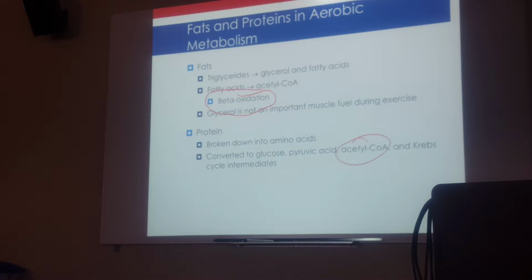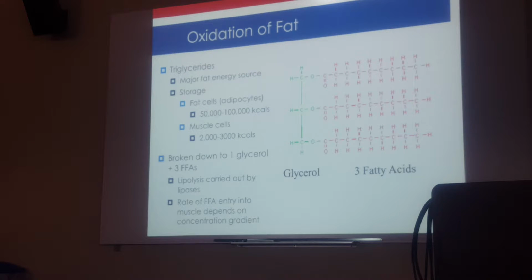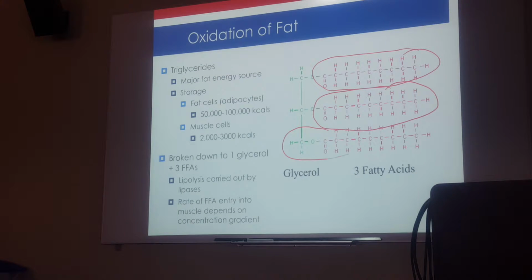So let's look at this right now. Oxidation of fat. So this is a chemical formula for a triglyceride, okay? Why do they call it a triglyceride? Each one of these is what? Fatty acid bound to a glycerol backbone, okay?